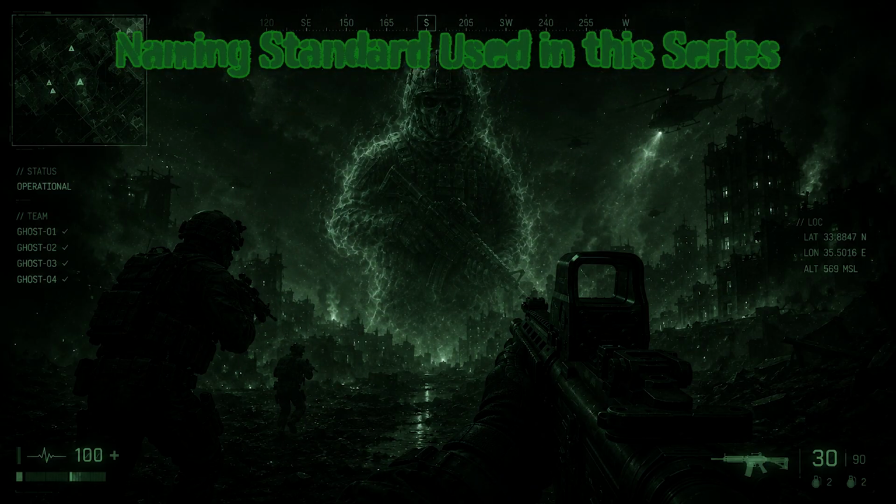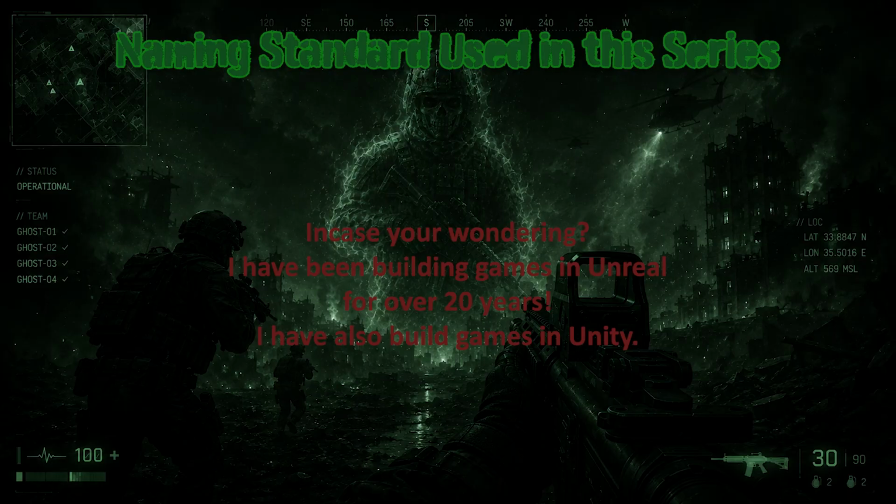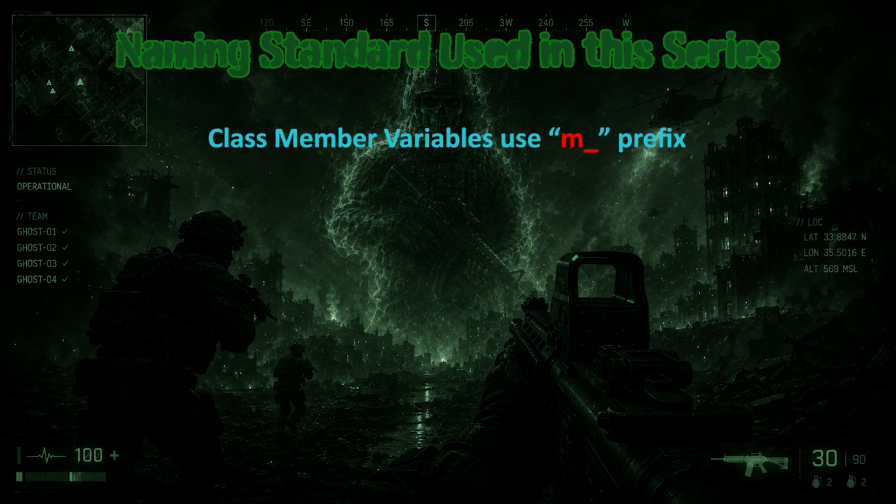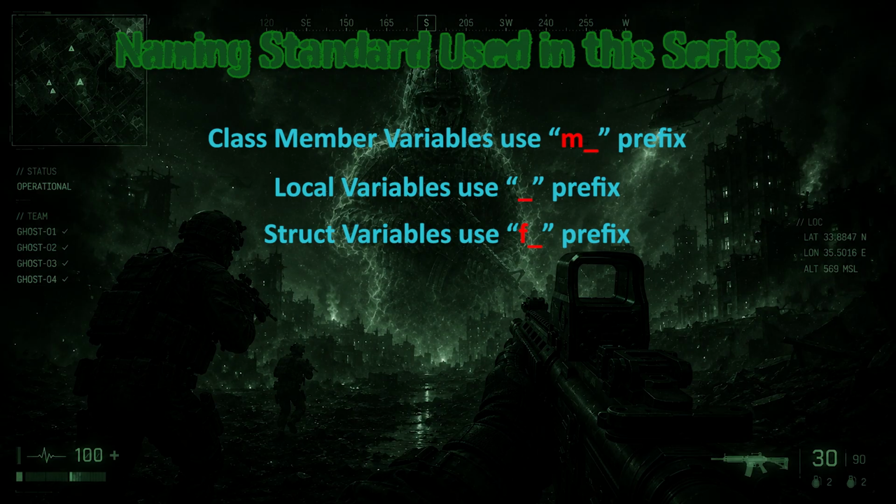These naming standards are things I've personally refined over several years, working with Unreal Engine gameplay systems. The goal here is consistency, readability, maintainability, and scalability. Member variables always use the M_ prefix. Local variables use the underscore prefix. Struct variables use the F_ prefix.